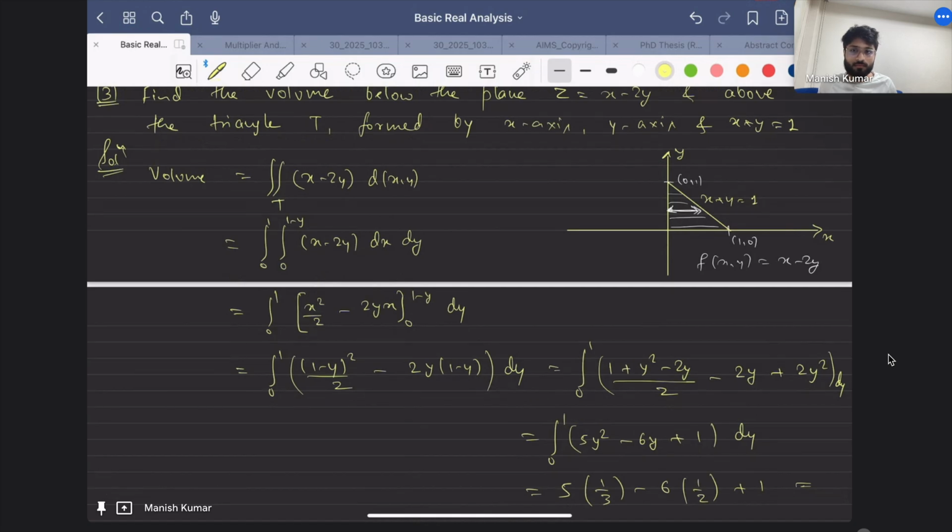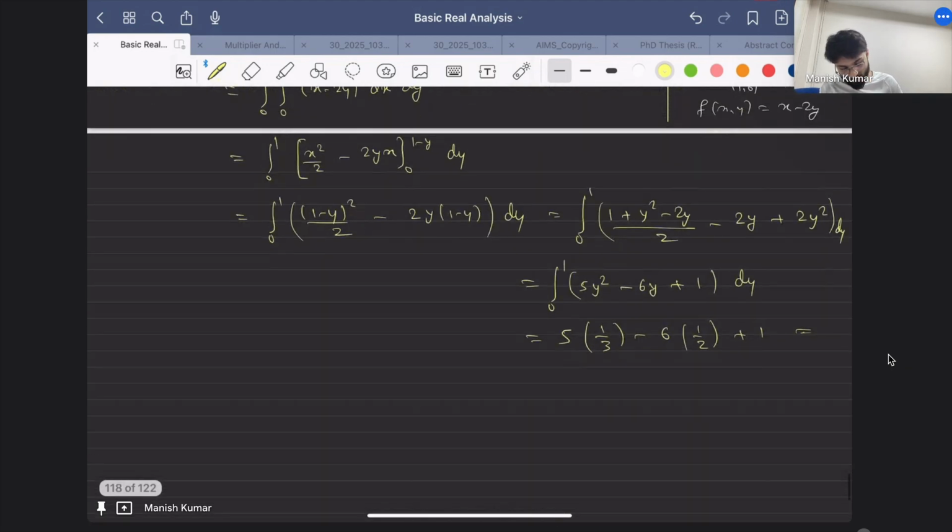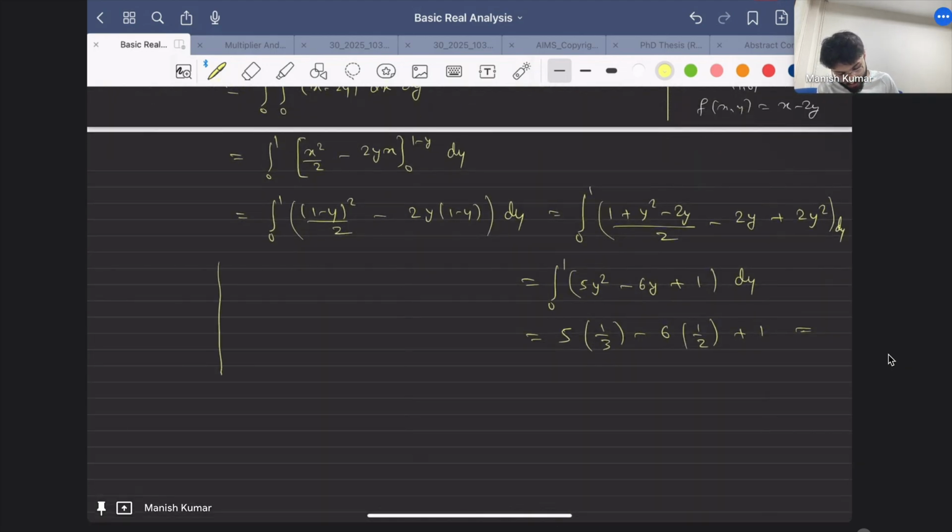Sir, can you show me the plane z equals x minus 2y? If you want to draw it, how would it look? Let me draw it this way probably.